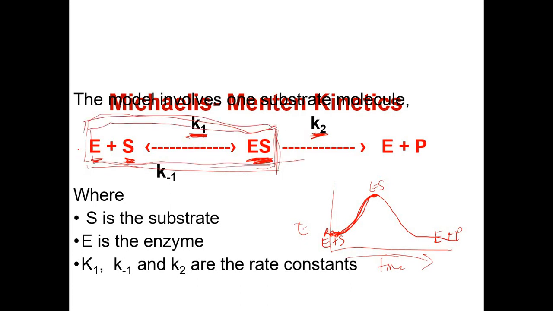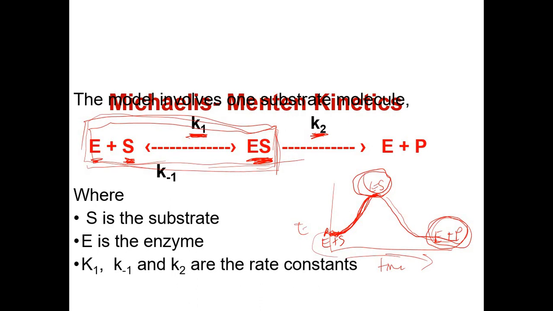According to Michaelis-Menten, once the enzyme substrate complex is formed, it could either proceed to form products, E plus P, or it could proceed back to form the enzyme plus substrate.